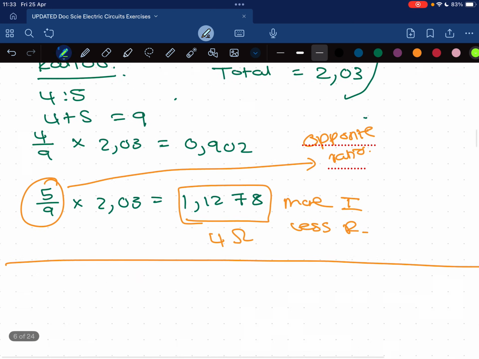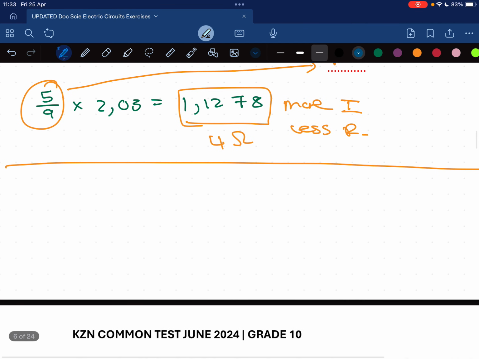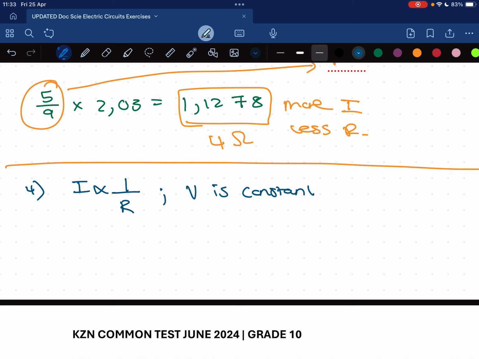So according to my equation, this is question number 4, I know that I is inversely proportional to R provided that V is constant. These are very important. Notice it's 3 marks and they are always asked. We're always going to ask you how adding something or removing something is going to affect the circuit. So we start with the relevant formula. You get a mark for this.